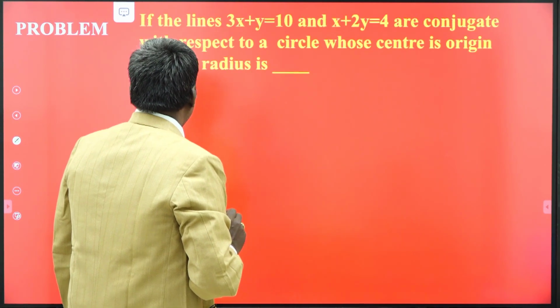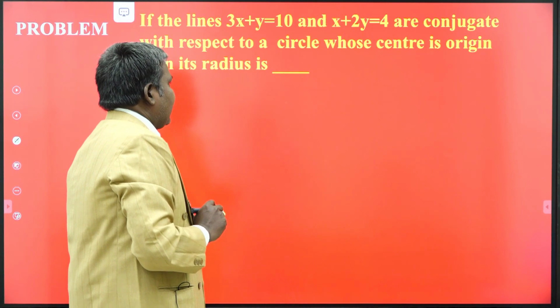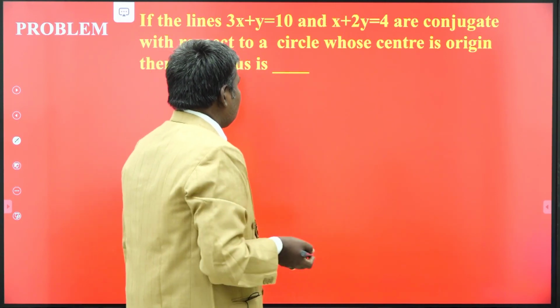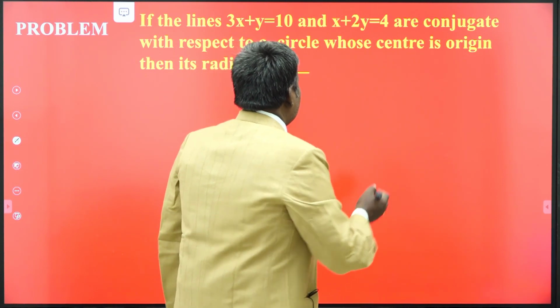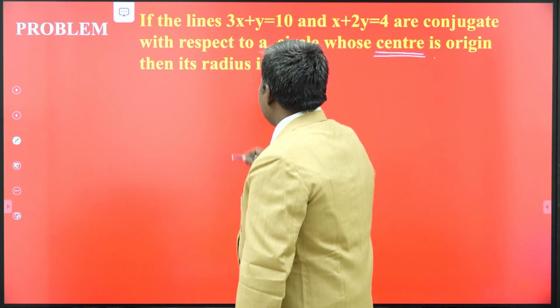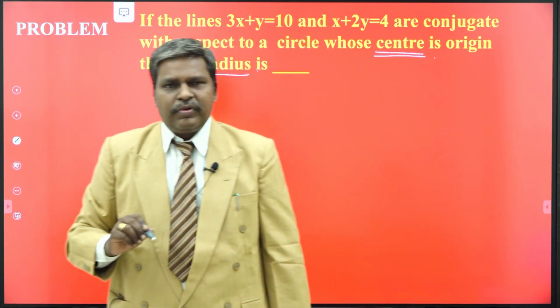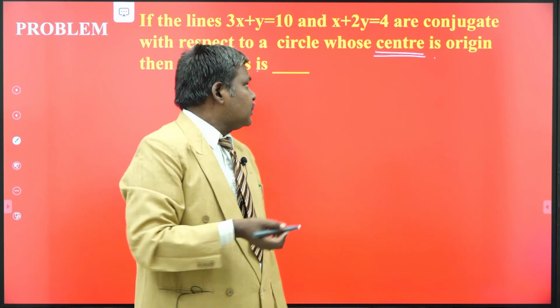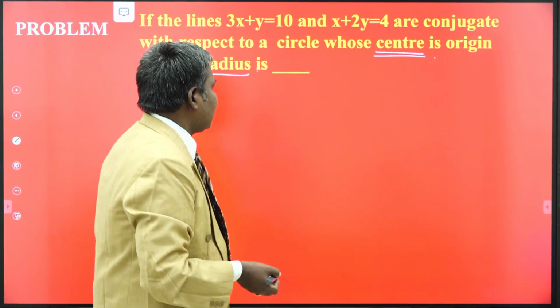See this problem. The lines 3x + y = 10 and x + 2y = 4 are conjugate with respect to a circle whose center is at the origin. Then find the radius of the circle. Two lines are given to you. They are saying the two lines are conjugate lines with respect to some circle having center at the origin.